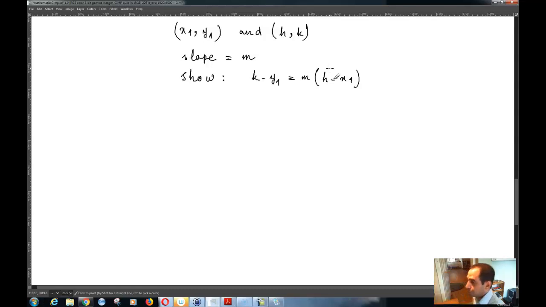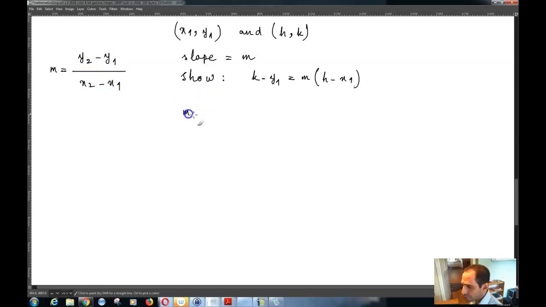So basically, based on these 2 points you can calculate the slope of the line. We said that m is equal to y2 minus y1 over x2 minus x1.